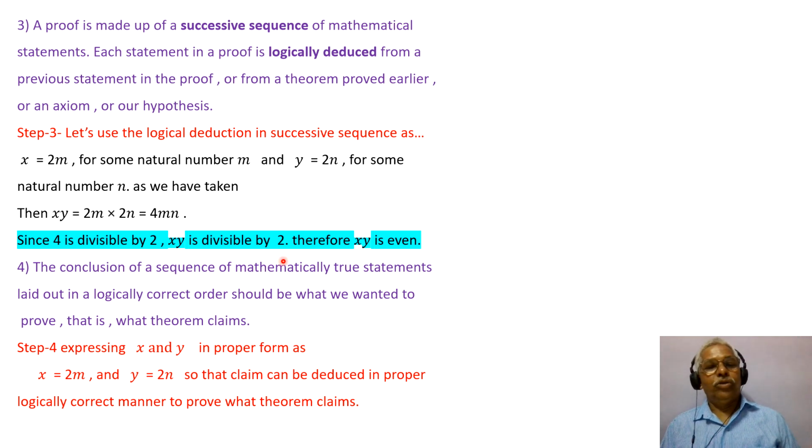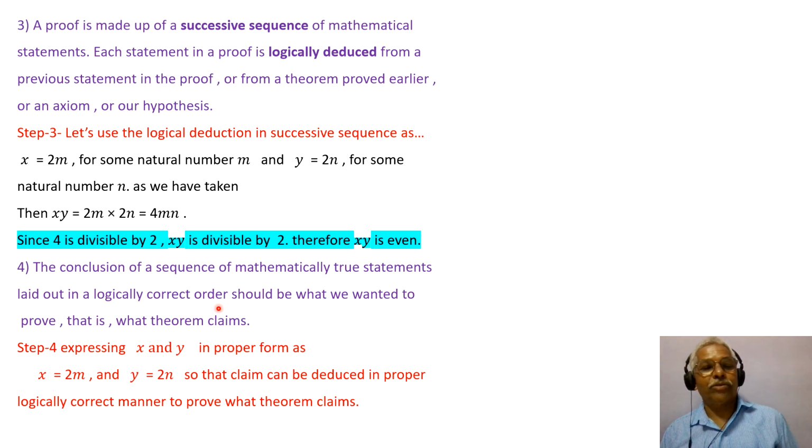See how the logical argument is done. So the fourth one: the conclusion of a sequence of mathematically true statements laid out in a logically correct order should be what we wanted to prove. That is what the theorem claims.